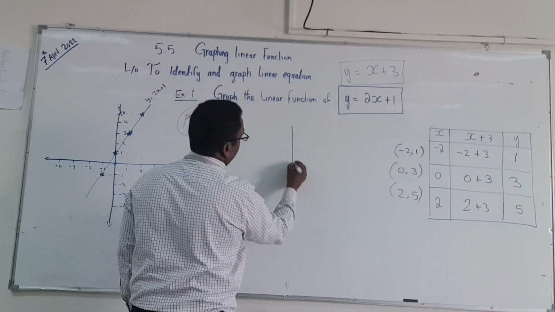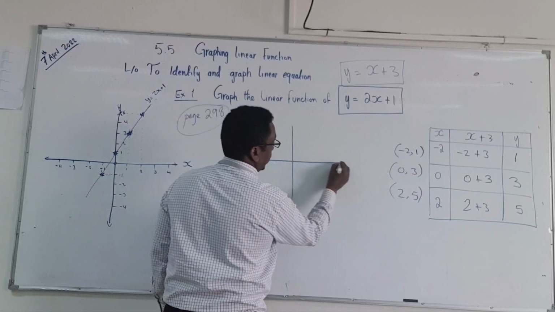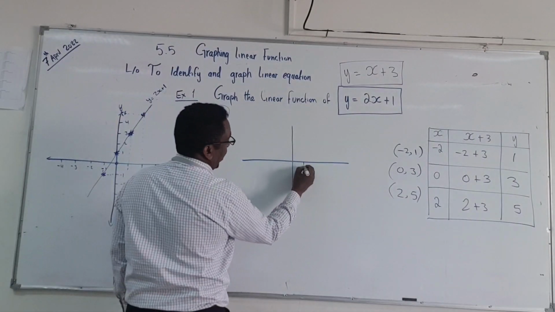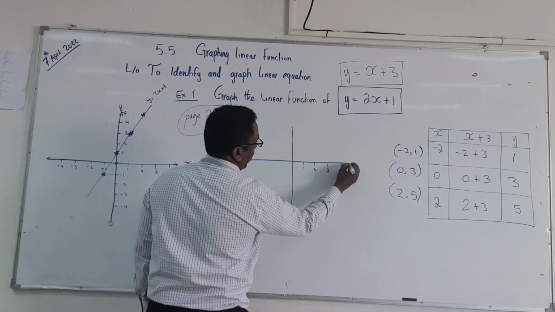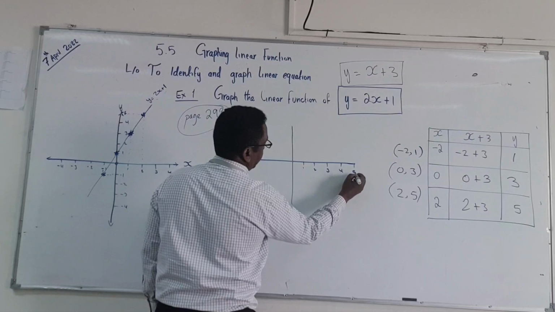So the graph will look like this. Let's write down 1, 2, 3, 4, 5 on the x-axis.